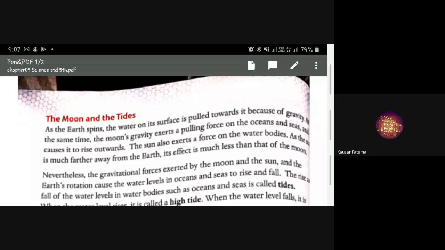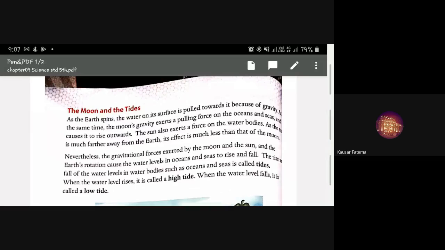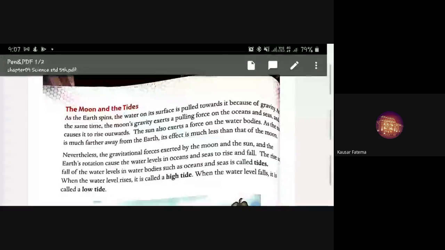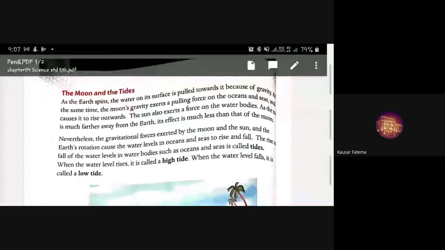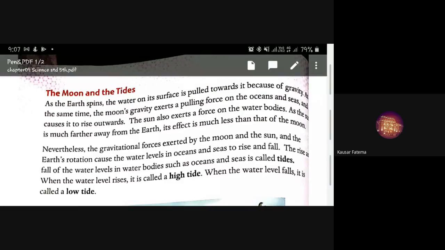Sorry for the disturbance because I thought I had eaten one whole page. Please read it loudly, beta. Ma'am, can I read? Yes, start reading loudly.